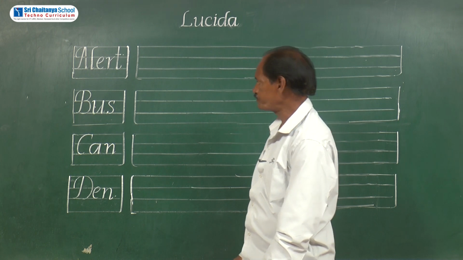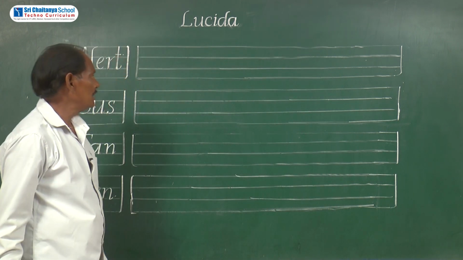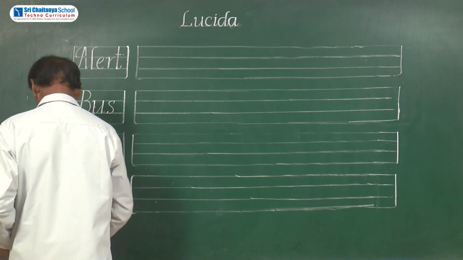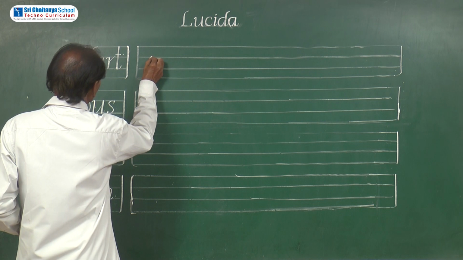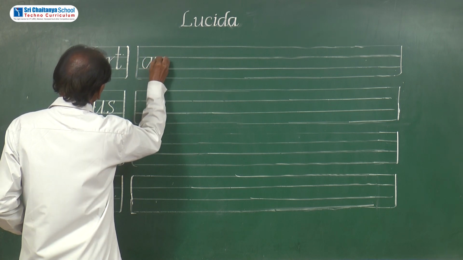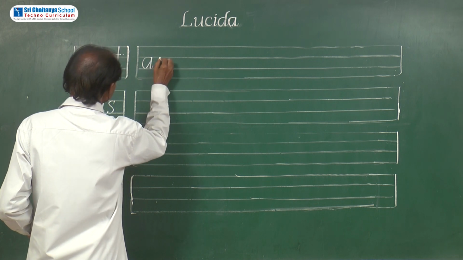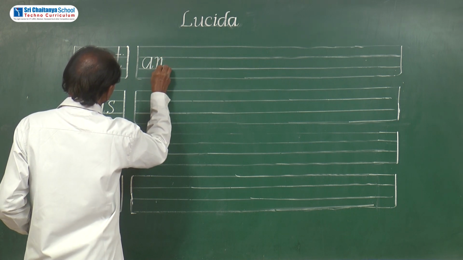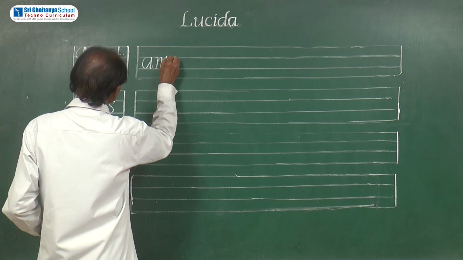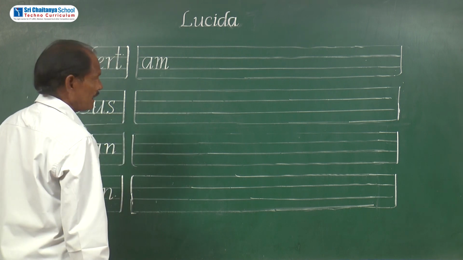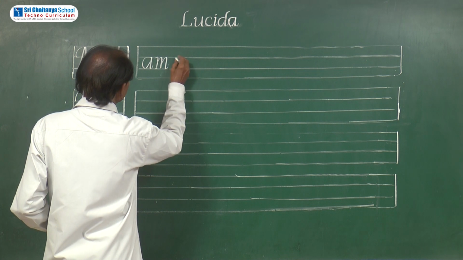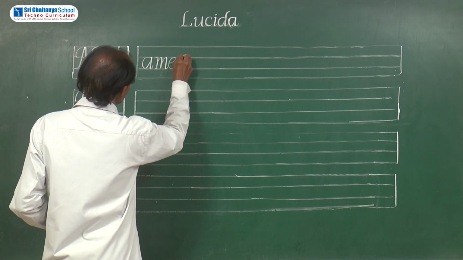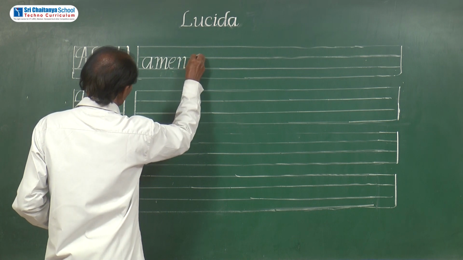Now I will show you some words with the small letters, only with the small letters. A, M, E, N, D, amend.